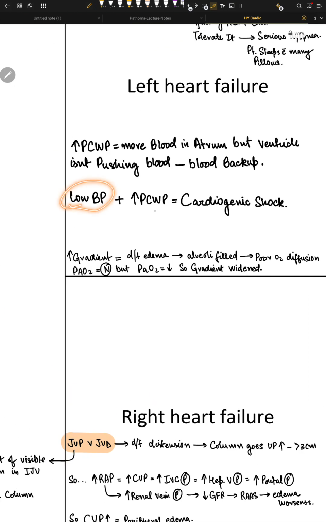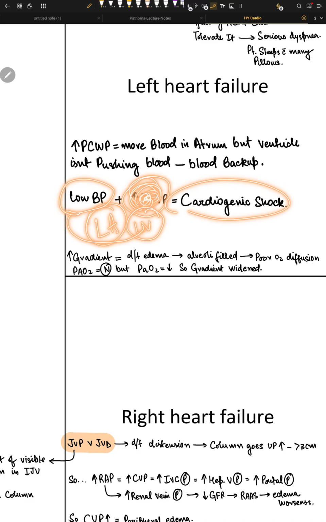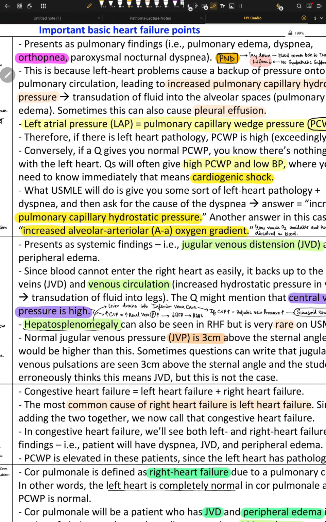Because low blood pressure plus increased PCWP is cardiogenic shock, because our heart is not pushing a lot of volume, and that's why we have low BP. And then we have increased PCWP because we have some sort of increased pressure in the left atrium, and that suggests left ventricle failure. And that also communicates well with low blood pressure. So that's why we have cardiogenic shock right there. I hope you understand that.